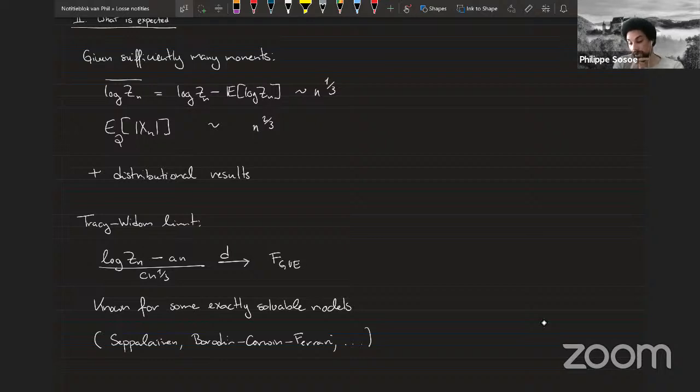So that's the asymptotic distribution of the properly centered and rescaled maximum eigenvalue or minimum eigenvalue of a GUE random matrix. There are some known very precise results for exactly solvable models, and here the names that should be named among many are Seppäläinen, Borodin, Corwin, Ferrari, and also many other people, Imamura, Sasamoto, and so on.